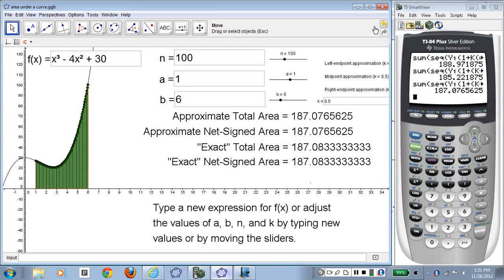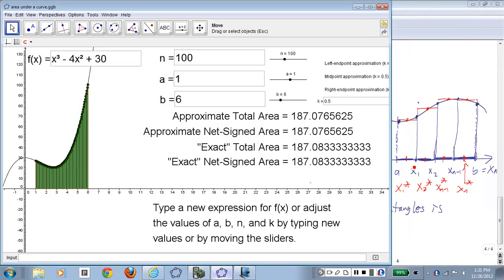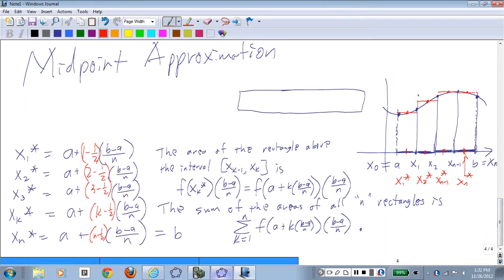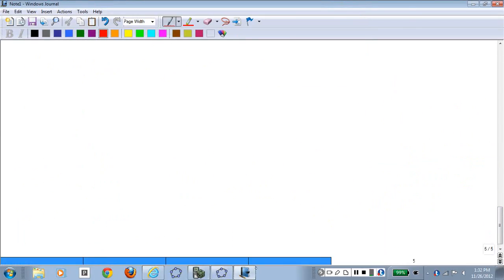I wouldn't say the midpoint would necessarily be exactly the average of the left and right. I should think about that. But the midpoint tends to be closest for most of the functions that we'll be concerning ourselves with. Or I wonder if the midpoint is just about the average of the left and right. It's probably not far away from it.